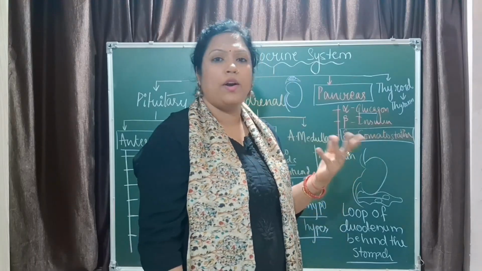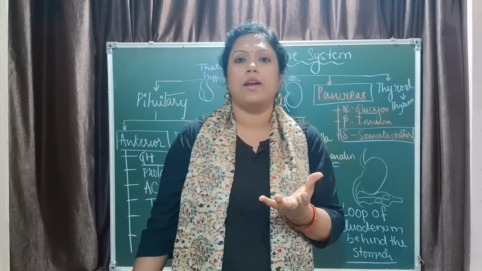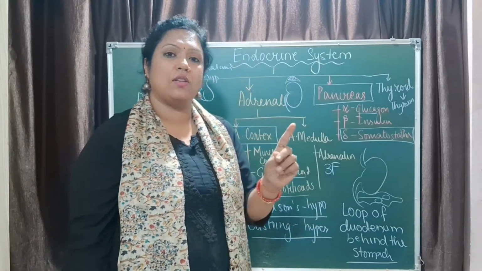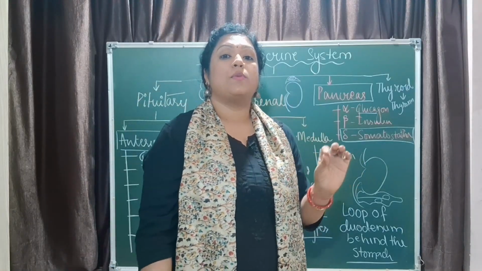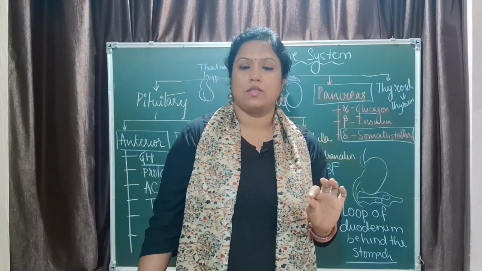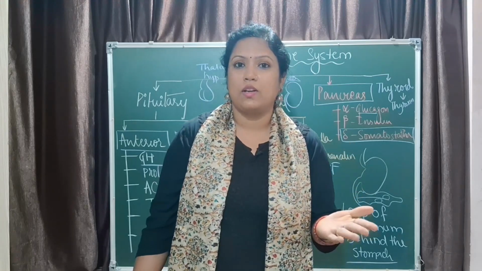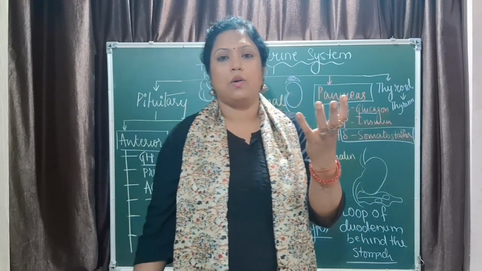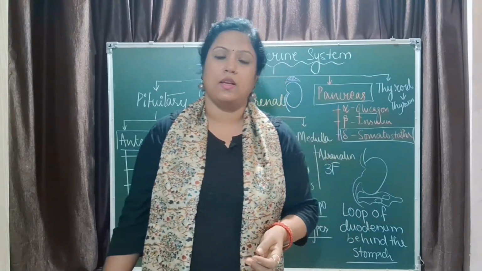Okay, and goiter is what? Enlargement of the thyroid gland because of hyposecretion of thyroxine. So all these three diseases, myxedema, cretinism and goiter, are because of hyposecretion of thyroxine, and hypersecretion of thyroxine is exophthalmic goiter. Eyes protrude out, that is also called Graves' disease, right?